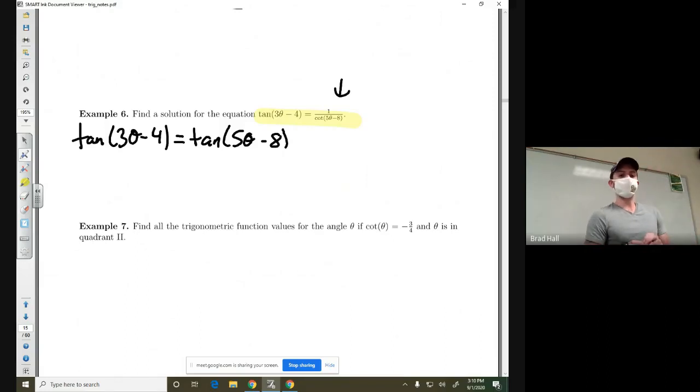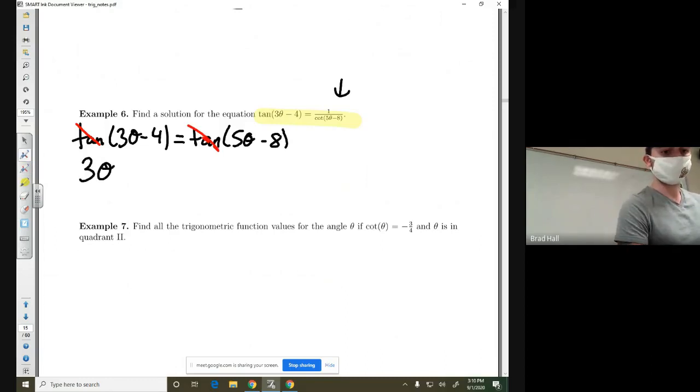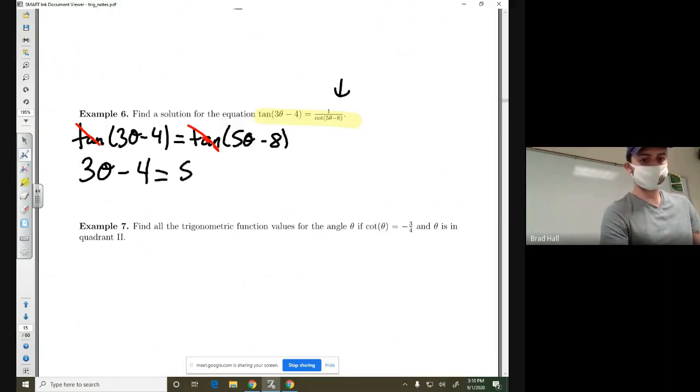So from here, since we have tangent on both sides, and we're only looking for one solution, we are allowed in this moment to do something that's kind of frowned upon in general, but we can do it here. Let's cancel out the tangents. It's not good in general, but if we're looking for one solution, we can do this. And by doing that, we just have an algebra problem.